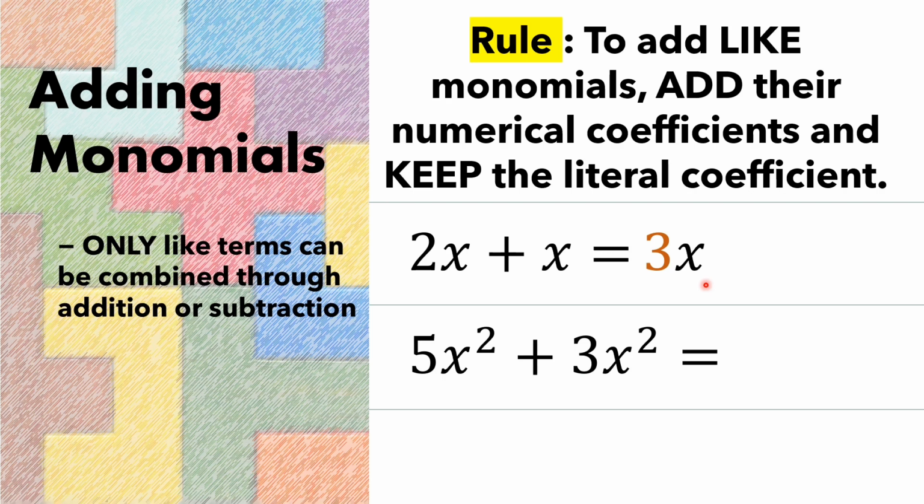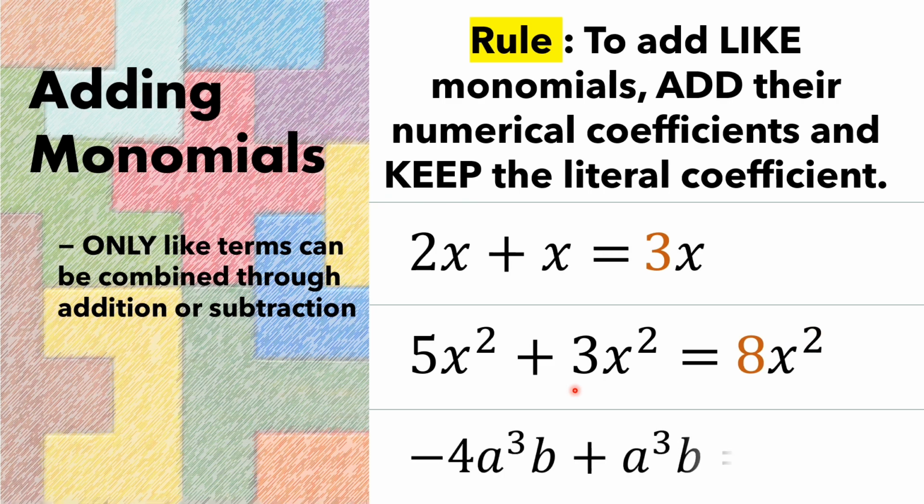Next example, 5x squared plus 3x squared equals: add the numerical coefficients 5 plus 3 and keep the literal coefficient x squared. So that is 8x squared.